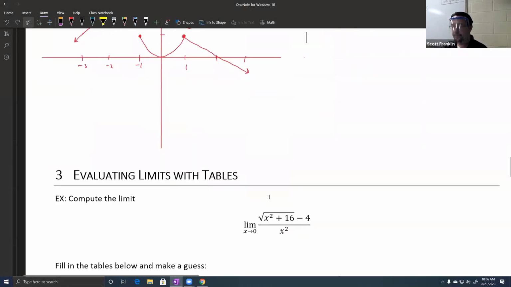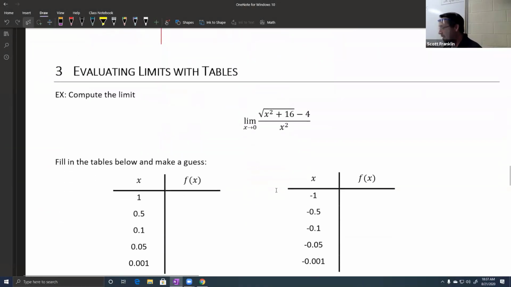Okay, moving forward. Another thing that you can do, and this gives you more confidence than it should, so don't trust this method as much as you trust the graphing method, and definitely don't trust either of these methods as well as you trust the actual analytical techniques we're going to learn in 2.3.